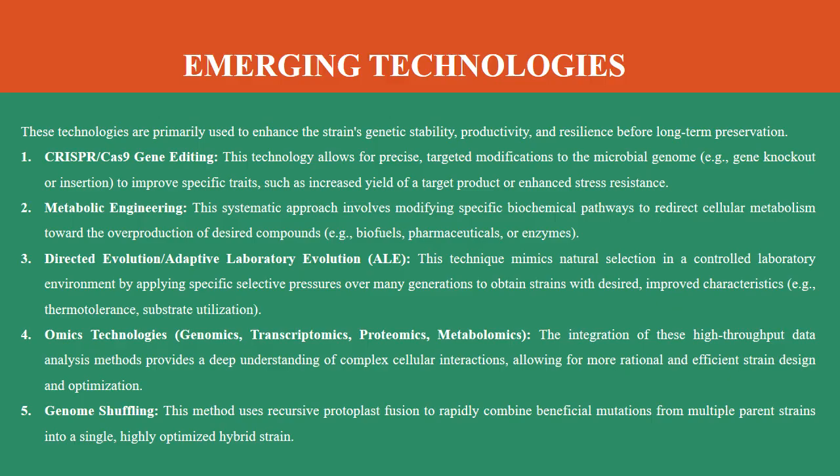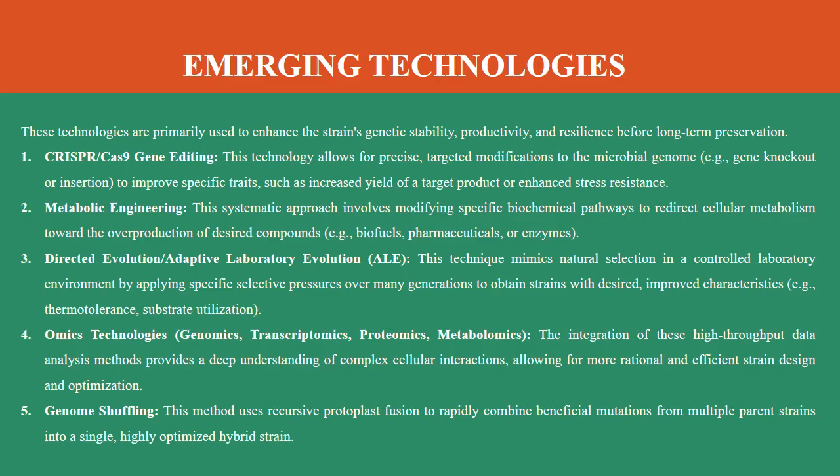The third technology is directed evolution or adaptive laboratory evolution. This technique mimics natural selection in a controlled laboratory environment by applying specific selective pressures over many generations to obtain strains with desired and improved characteristics. Examples are thermotolerance and substrate utilization.